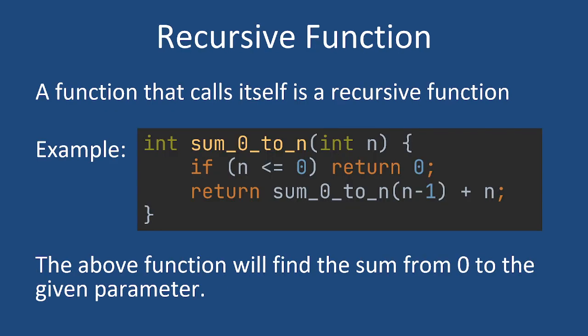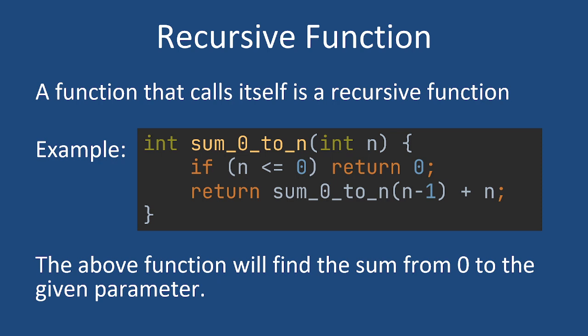So here's an example of a recursive function. A function that calls itself is a recursive function, directly or indirectly. By directly I mean that here the function sum 0 to n is calling itself, right? You can see in the piece of code shown here.